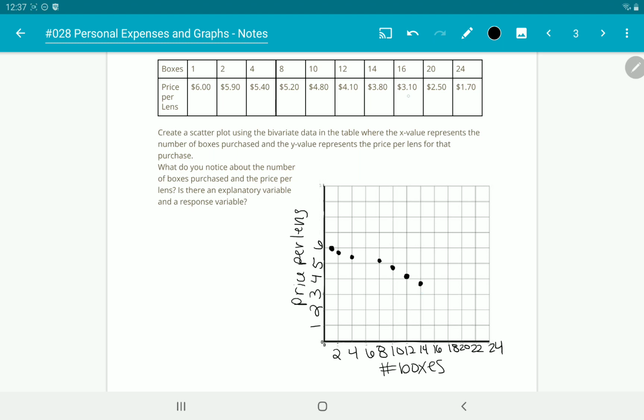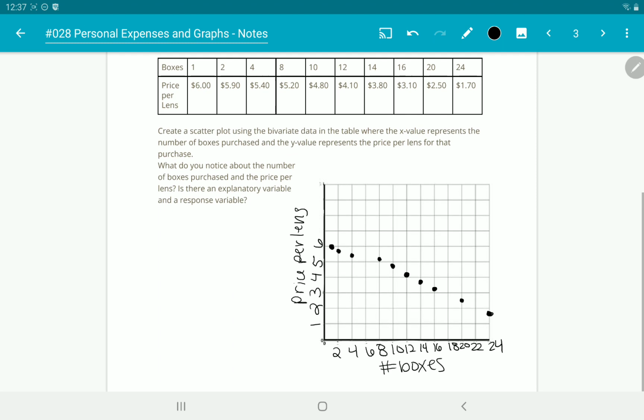Okay. 16 boxes is $3.10. 20 boxes is $2.50. So 2.5 here. And then 24 boxes is $1.70.